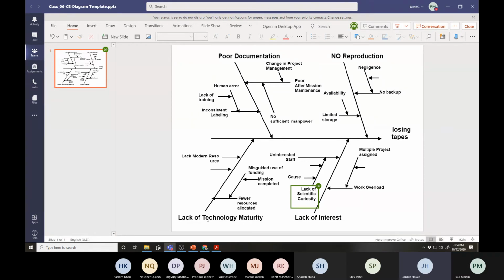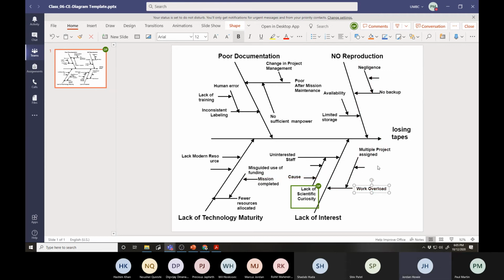So where we were coming from with lack of interest was the fact that the mission was completed and maybe they were working on other projects, had other assignments and stuff. So maybe they just didn't pay enough attention.